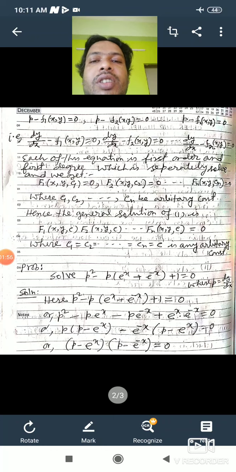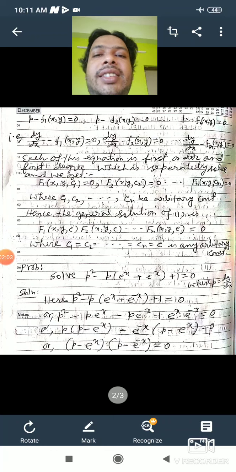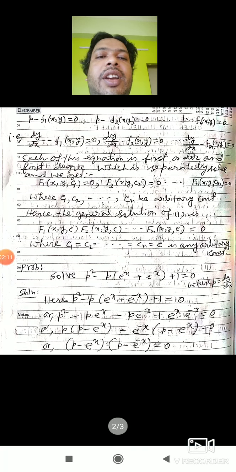Now putting the value of p, that is dy/dx, we write dy/dx minus f1(x,y) equal to 0, dy/dx minus f2(x,y) equal to 0, ..., dy/dx minus fn(x,y) equal to 0.